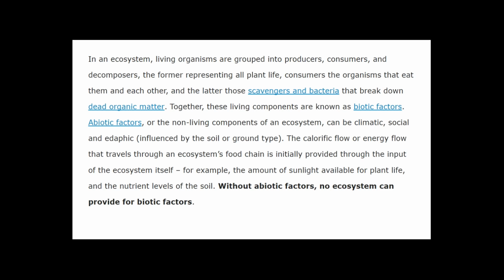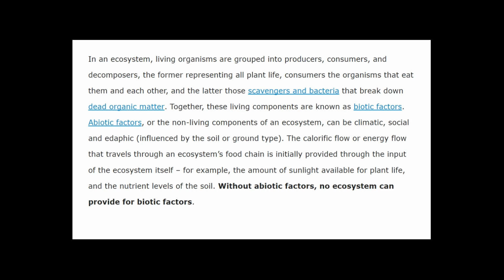We tend to think of decomposers as bacteria, but for example, the John Crow is also a decomposer because it's a scavenger; it will eat dead organic matter. Together, these living components are known as biotic factors. And abiotic factors are the non-living components, and they can be climatic, social, or edaphic. Edaphic really refers to being influenced by the soil and ground type.